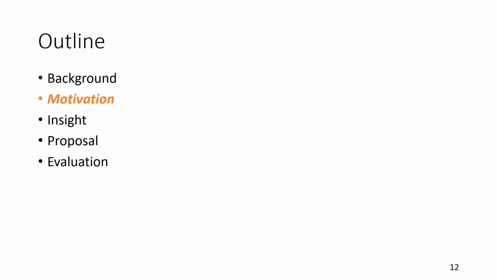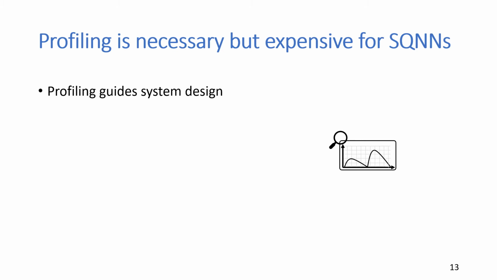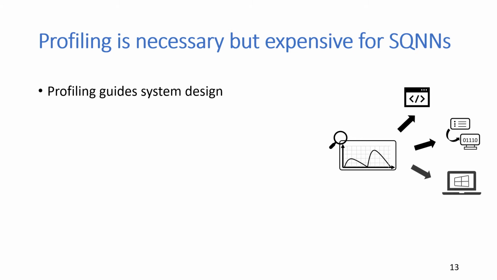With that background, I'll now go over the motivation for our work. Workload profiling is a key step that has guided system design, be it for software, compiler, operating systems, or hardware, and therefore it is a necessary step in building efficient systems for SQNNs as well.